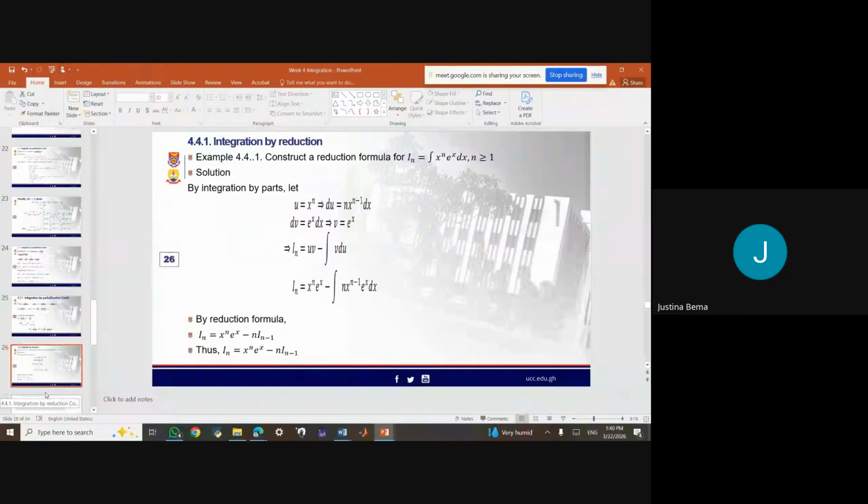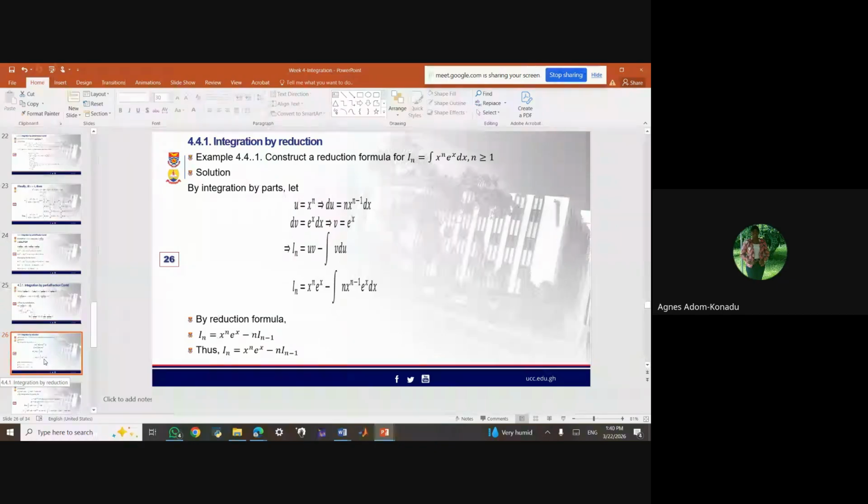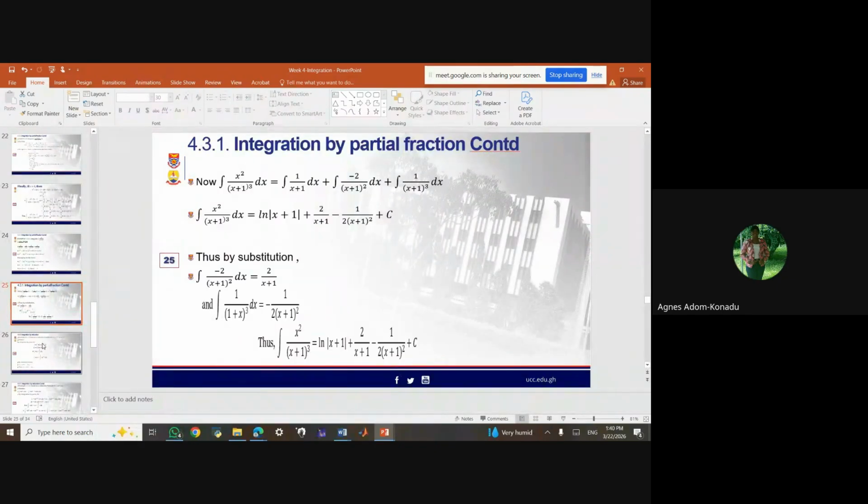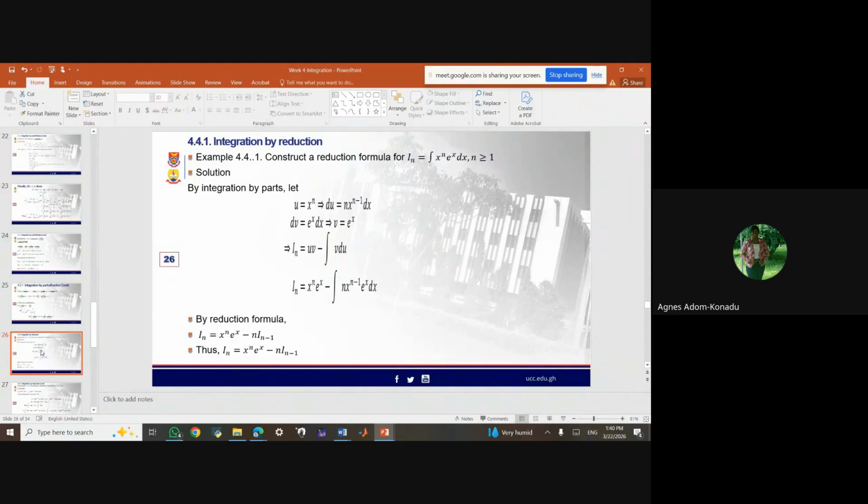Okay, madam. Maybe integration by substitution, by partial fraction. There's another one that you have to integrate.